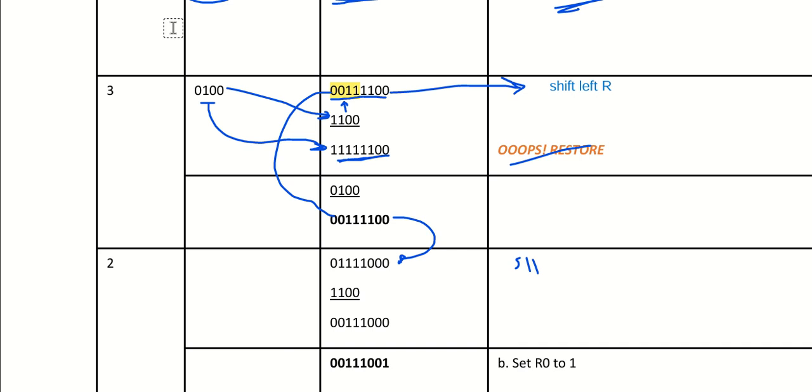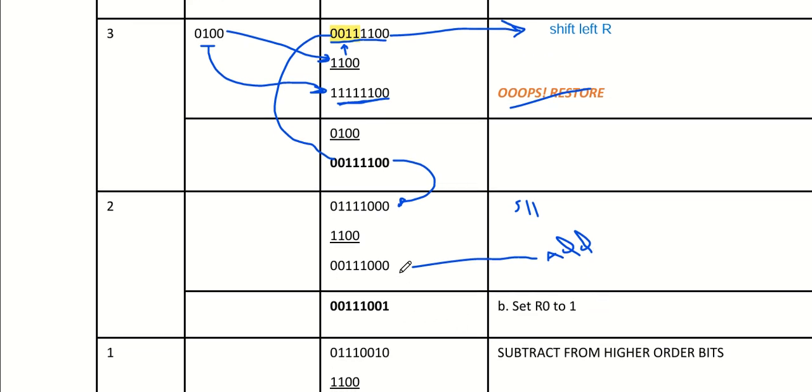And after the addition, realize that you come and get 001111000. Now, yeah, it might shock you that you got an extra carry of 1, but because the remainder is restricted to 4 bits, right? So we keep this one. So after the addition, we get a positive answer. Now, there is an extra thing if we get a positive answer. When we get a positive answer, we don't restore, no.